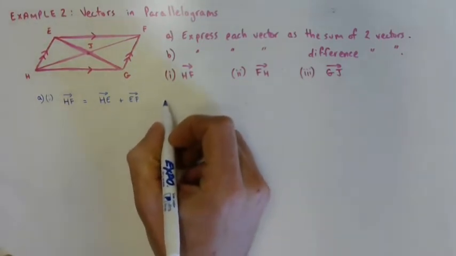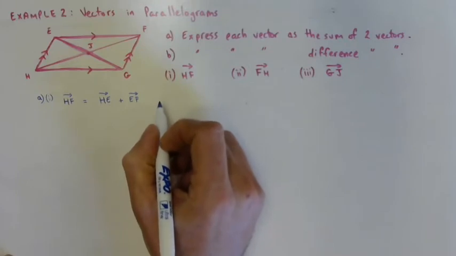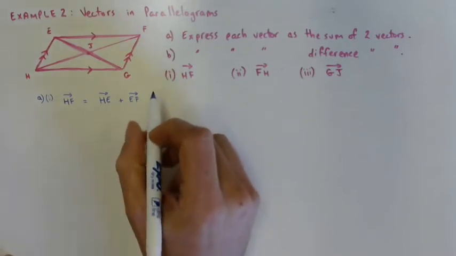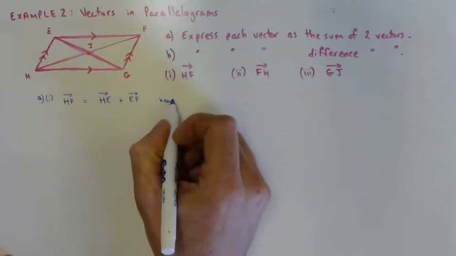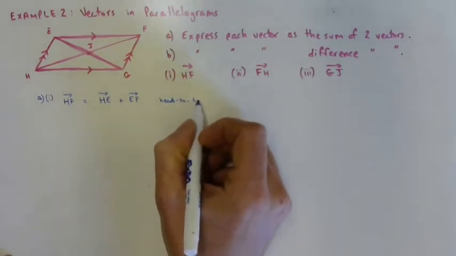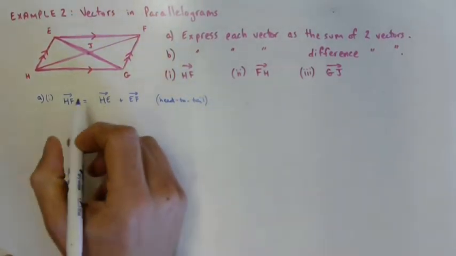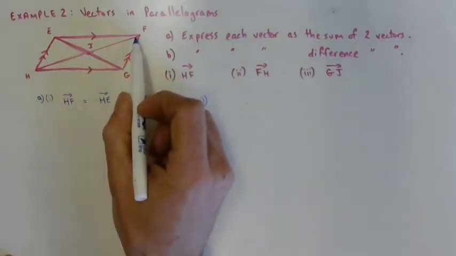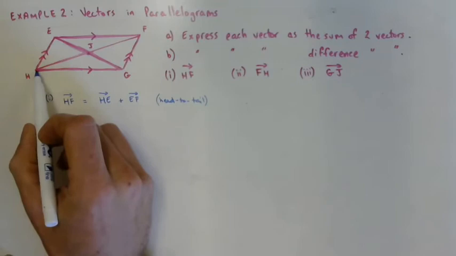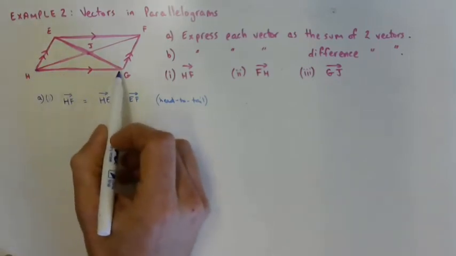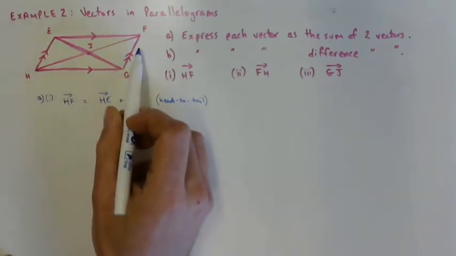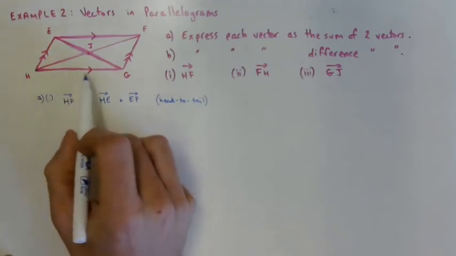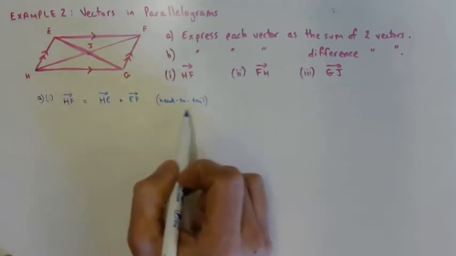And that is, if we want to make a note of it, going to be the head to tail method. Okay, well, is there another way that we could get the vector HF? Sure, we can just add these two vectors that are below, HG plus GF, and that would be head to tail again.